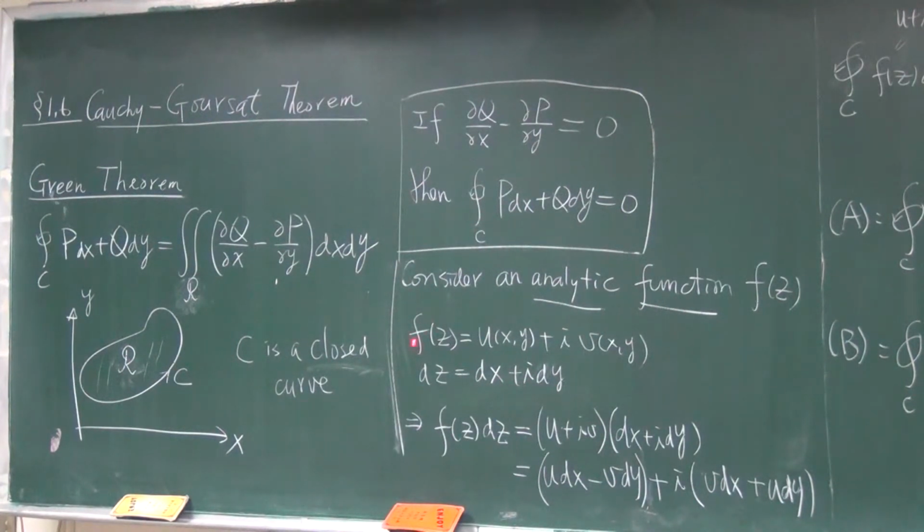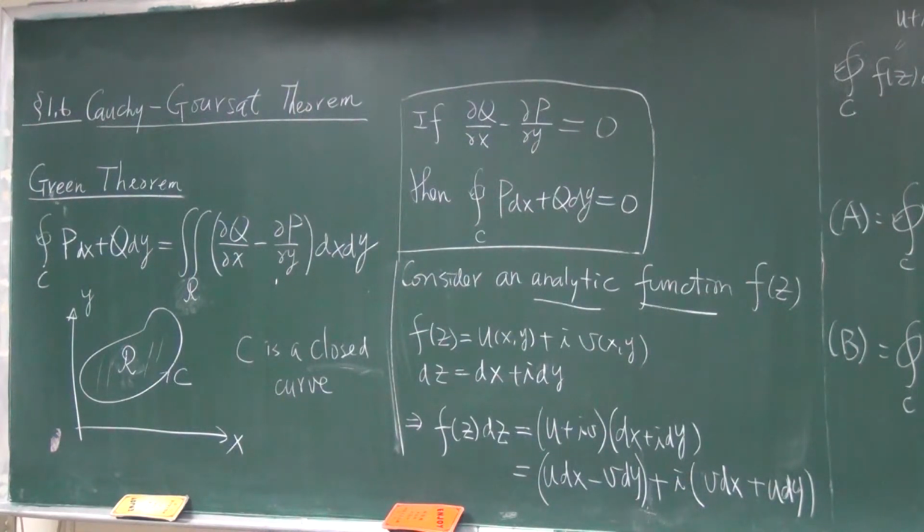And then we multiply this function by the differential dz to get the result. f dz equals (u plus iv) times (dx plus i dy) equals what? u dx minus v dy, because i squared equals minus 1, and then v dx and u dy times i here.